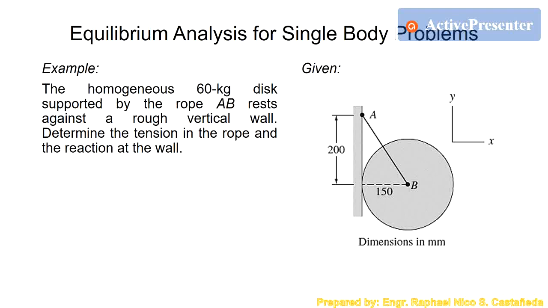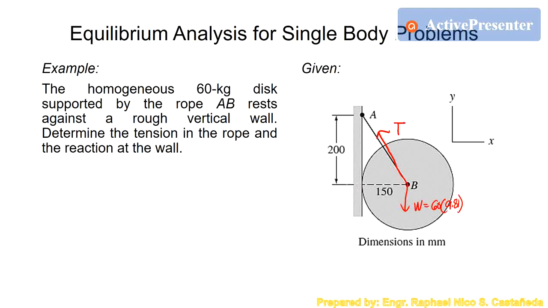As we can see here, we have a disc which has a given weight, which is the active force. The weight is acting at the center of the disc. So this is 60 times 9.81. Then we have the tension in the rope, which is this one.